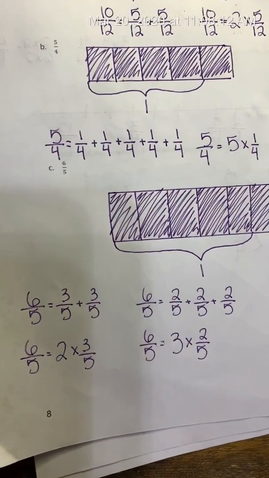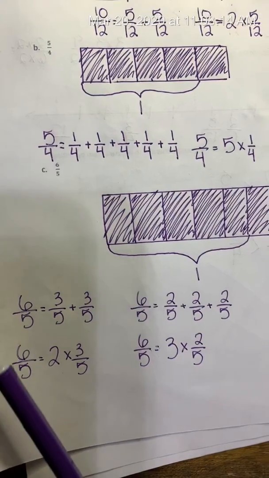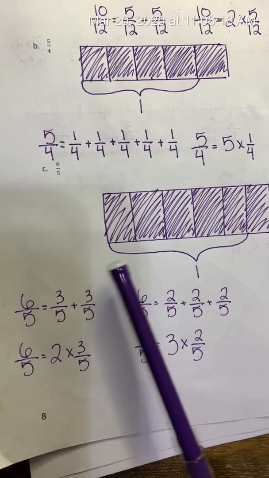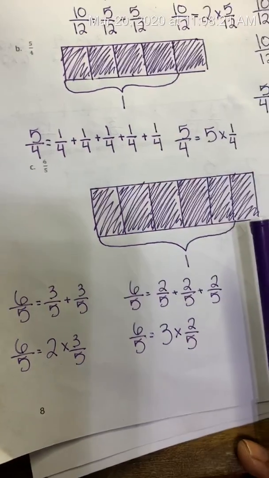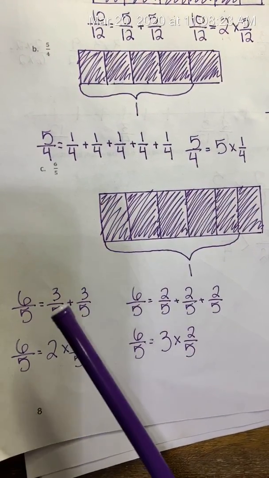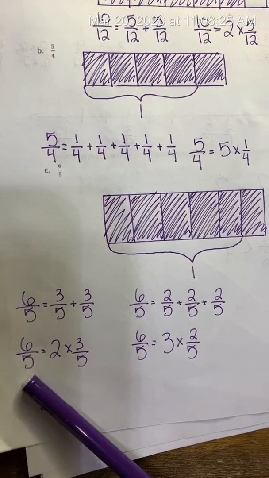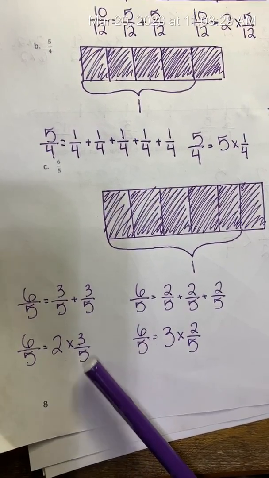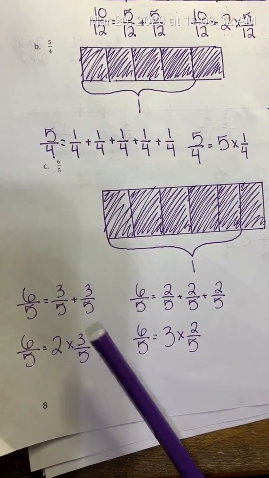So for this one, the number sentences you could have done: 6 fifths is equal to 3 fifths plus 3 fifths, so 3 parts plus 3 parts. You could also have done 6 fifths as a multiplication problem: 6 fifths equals 2 times 3 fifths, since we have 3 fifths twice.